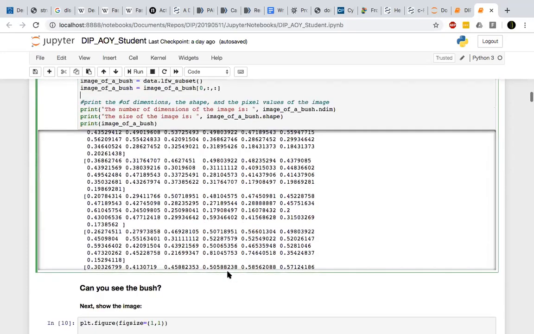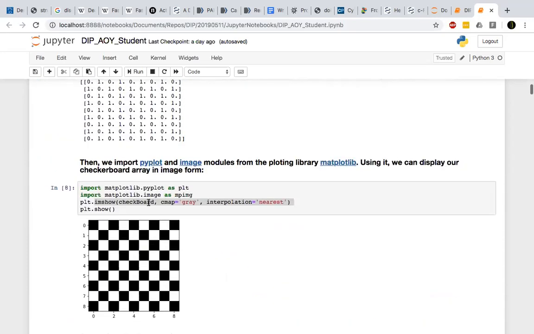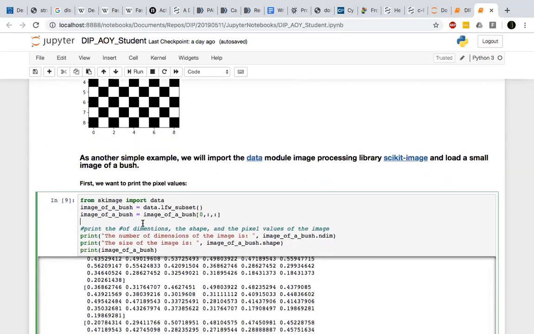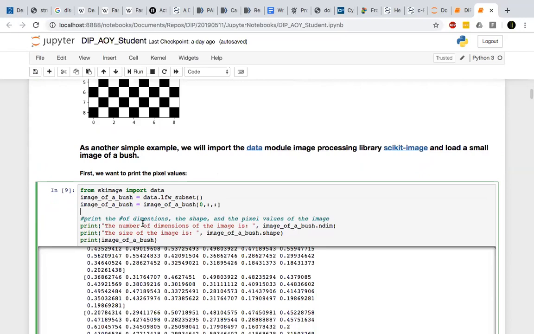Here? The one after the checkerboard. Yeah, this one. So when you run it, so there is no imshow here, right? Oh, so here it doesn't load the image. What did it say? It gives me an attribute error.